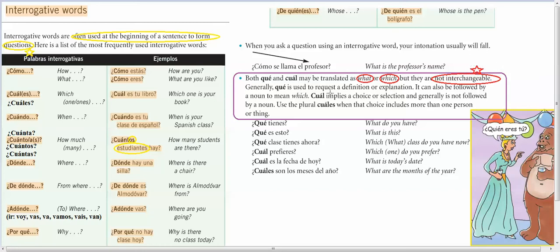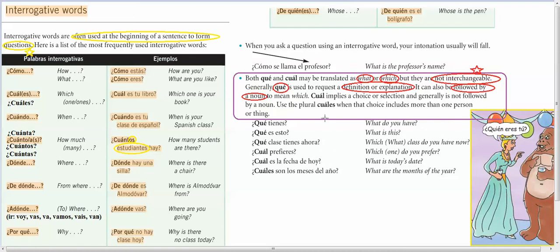Generally, qué is used to request a definition or an explanation. So qué, definition or explanation. It can also be followed by a noun to mean which.